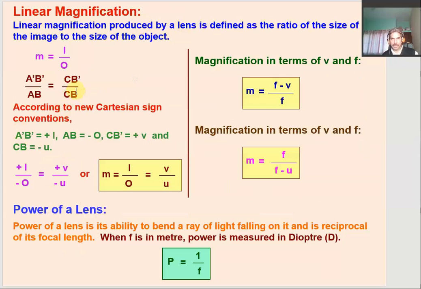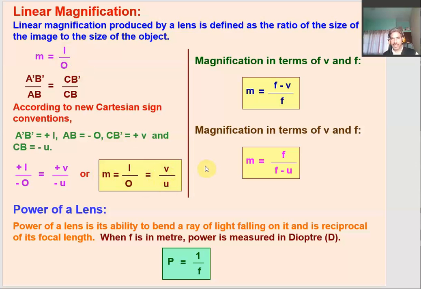According to sign conventions, on the left hand side we have I upon O, and on the right hand side we have V upon U. So therefore we get another formula for the magnification as V upon U. We can make use of either this formula if the situation permits, or the other formula, magnification equal to V upon U, if the values are given accordingly, right?